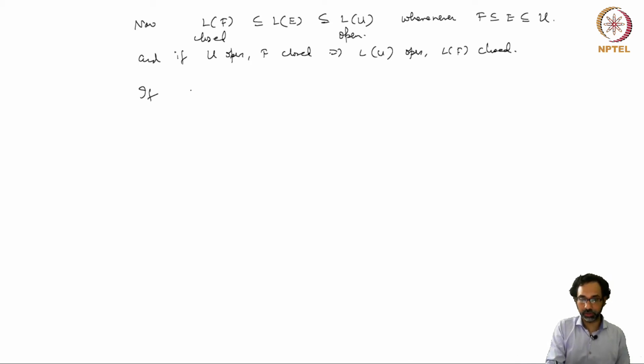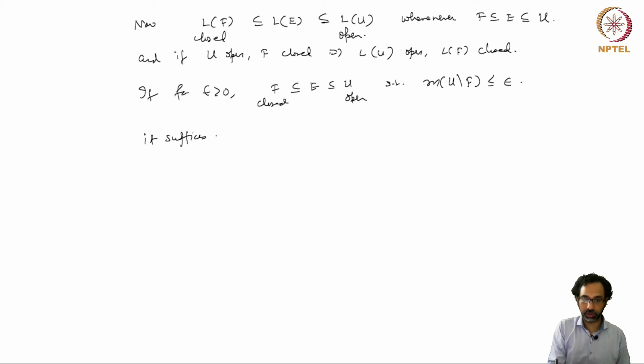So if for epsilon greater than 0 we have a closed subset F and an open subset U such that the measure of U minus F is less than or equal to epsilon, it suffices to show that the measure of LU minus LF is also less than or equal to epsilon.